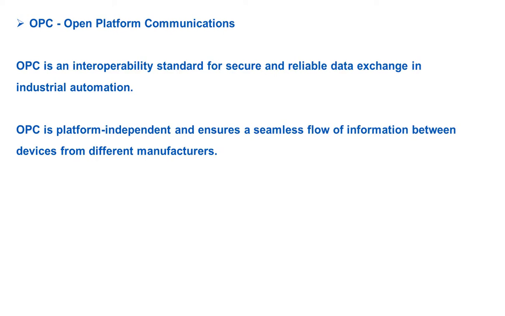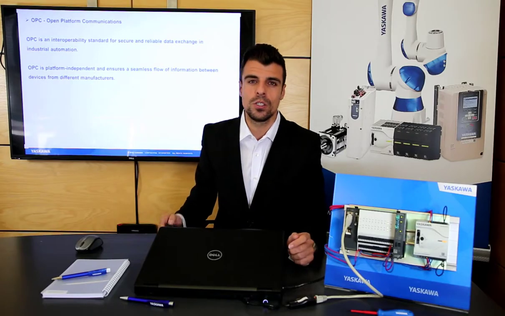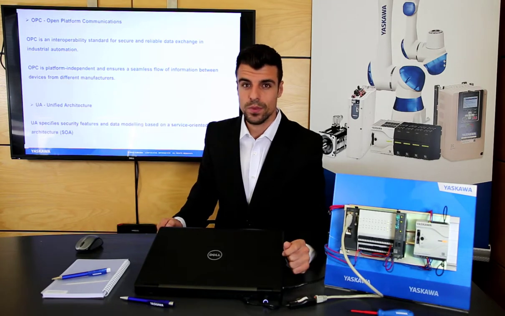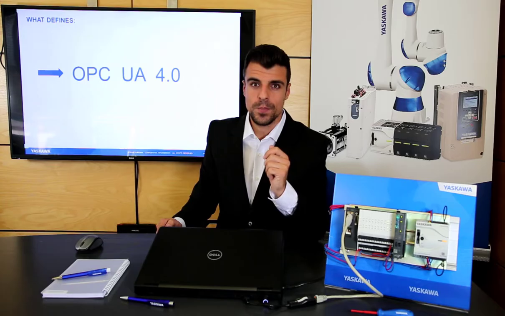UA means Unified Architecture. UA specifies security features and data modeling based on a service-oriented architecture. We call it also SOA.